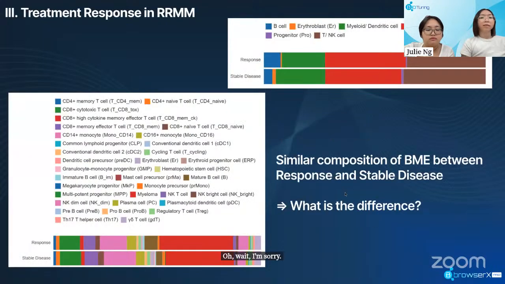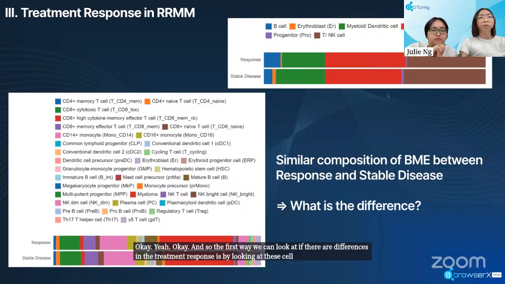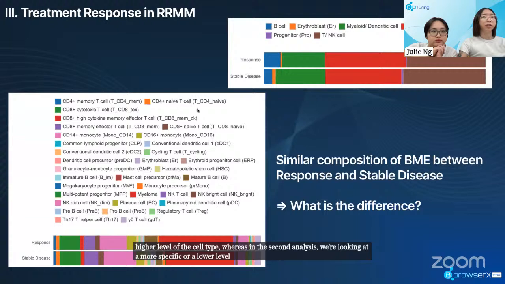The first way we can look at whether there are differences in the treatment response is by looking at the cellular composition. Here we're looking at the composition at two different levels. At the first level, we're looking at a higher level of cell type, whereas in the second analysis, we're looking at a more specific, lower level cell type annotation.